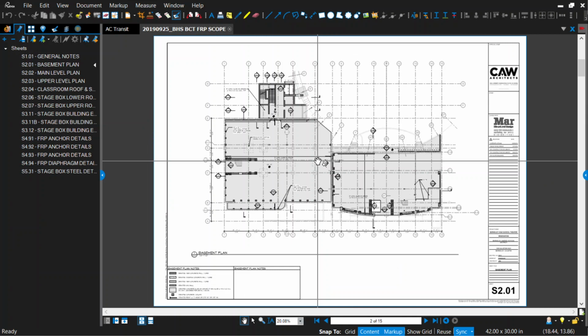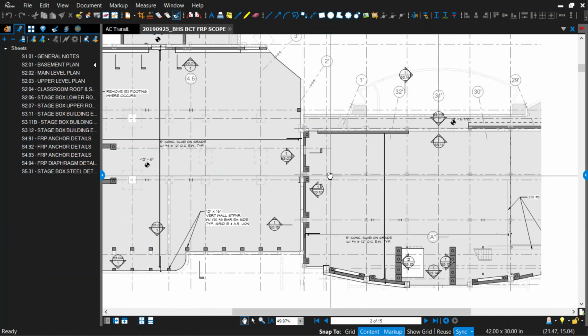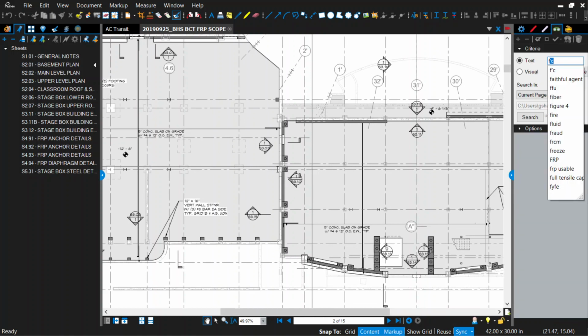Is this the structural drawing set? And are these the original drawings or do they have FRP called out? You can search FRP to see all of it, and highlight to see all of it.